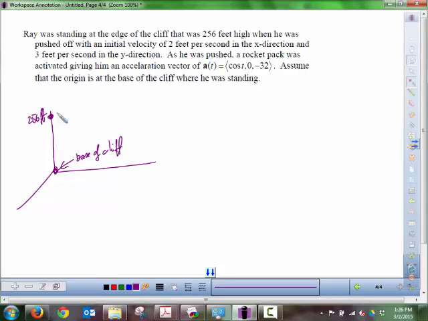And then he was pushed with an initial velocity of 2 feet per second in x and 3 feet per second in y. Assuming that this is just a push, he wasn't being thrown, so there's no z component.